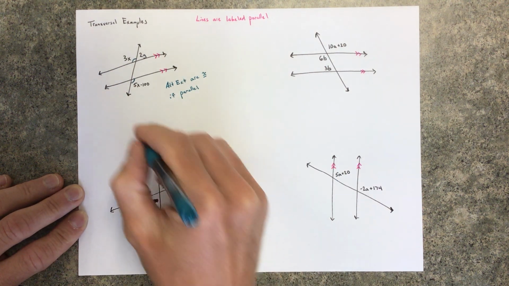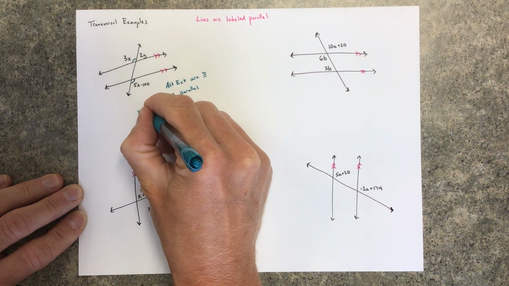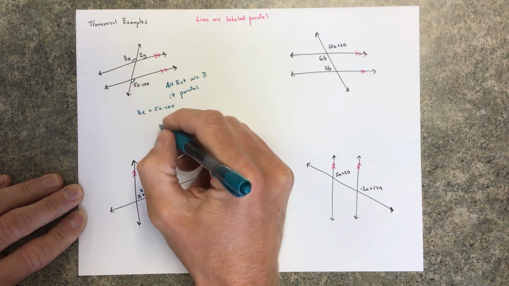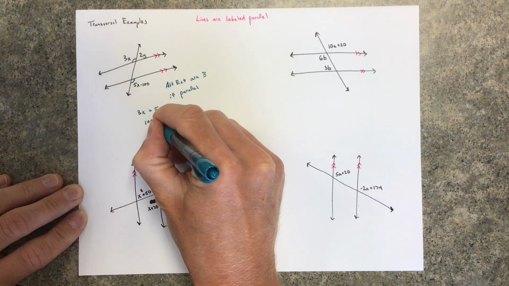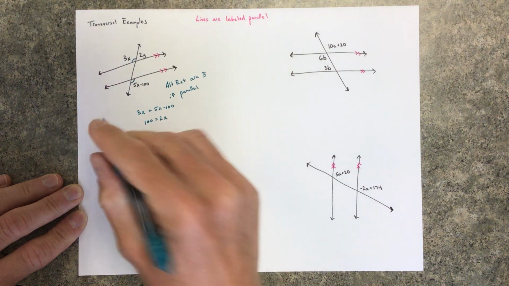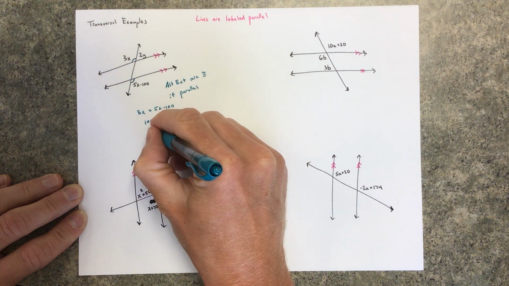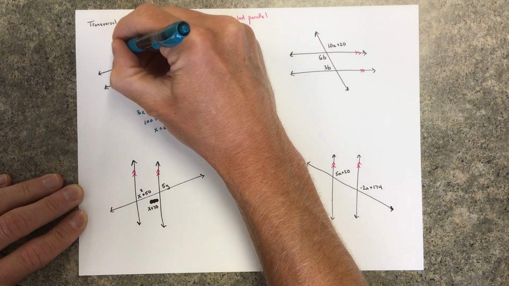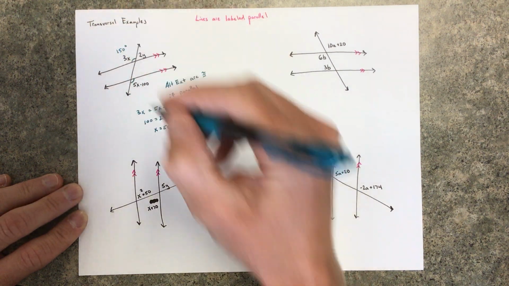Okay, so if I know those are congruent, I can set them equal to each other. So I can set 3x equal to 5x minus 100. I add over the 100 here, and 3x over there to make 2x, and then I can get x equals 50. If x equals 50, then I know that this angle is 150.